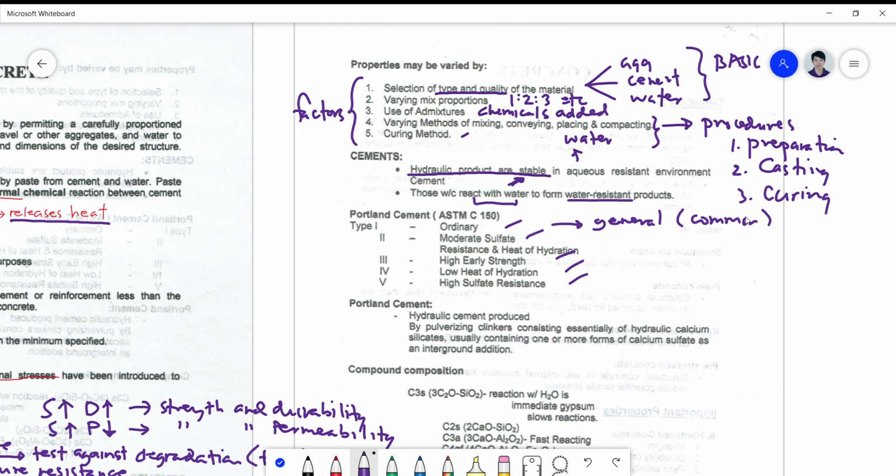This is basically used on concrete exposed to an acidic environment.